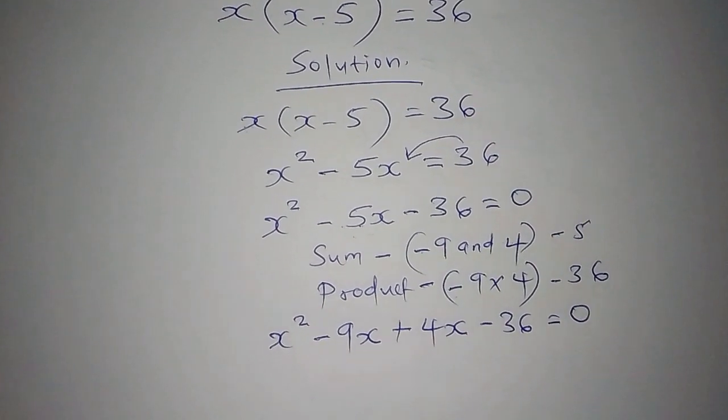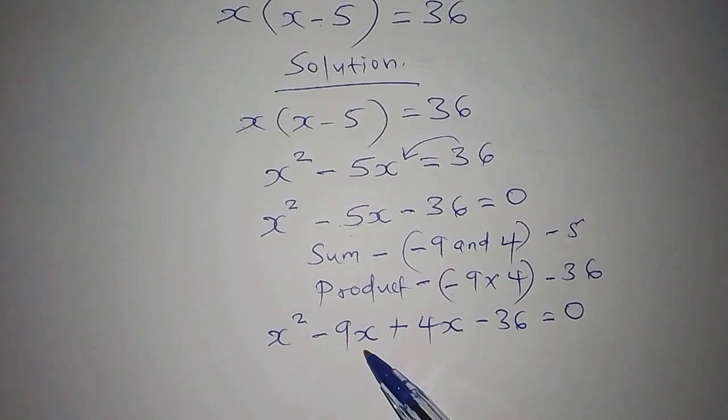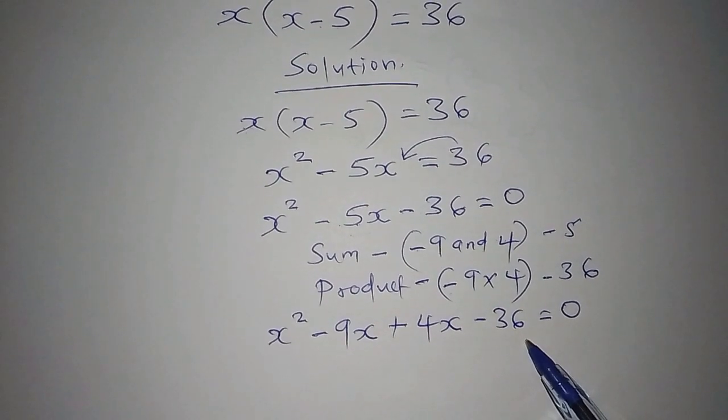So what is left for us here is to factorise x squared minus 9x, and the 4x minus 36.